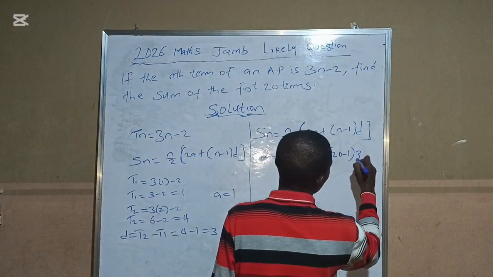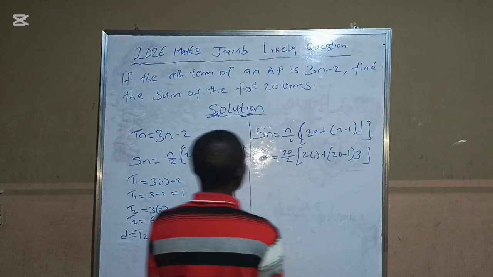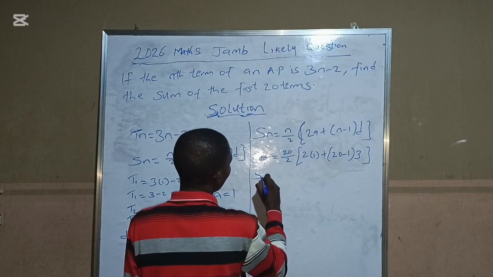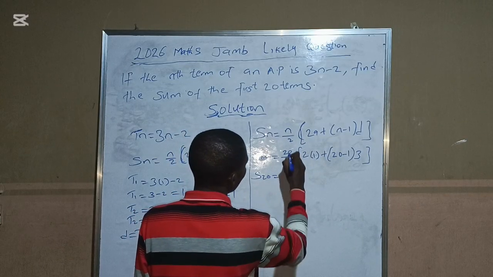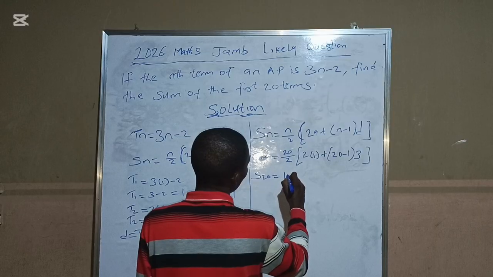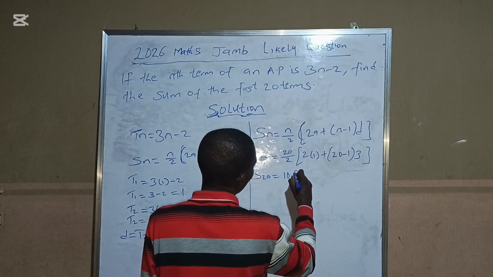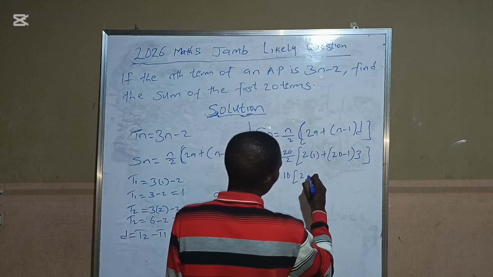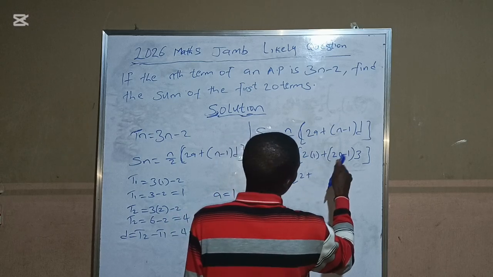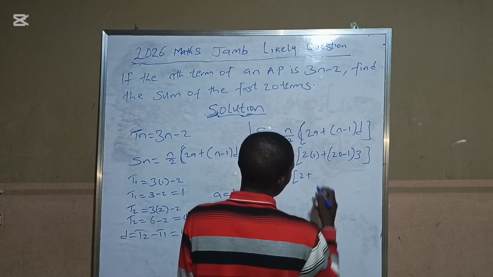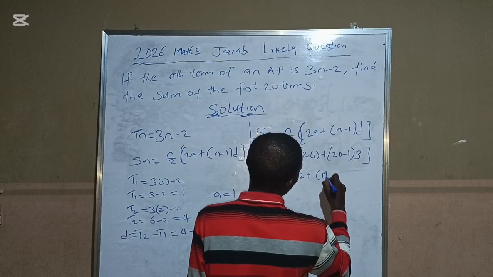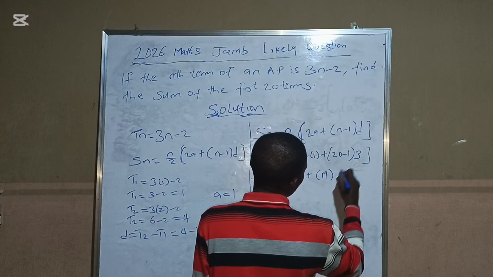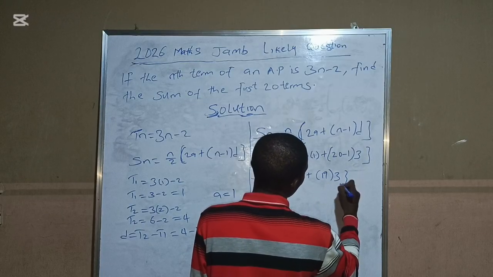Now S20 equals 20 over 2, which is 10, and then 2 times 1 is 2, plus 20 minus 1, which is 19, times 3.